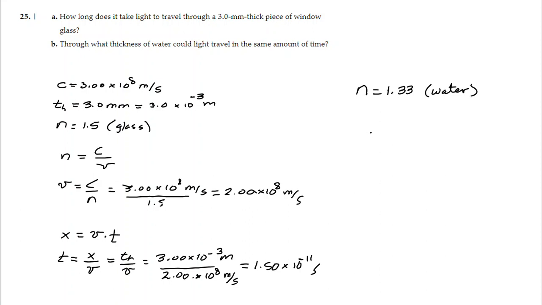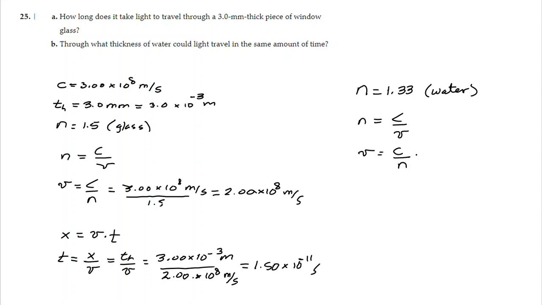So what are we going to do now? The index of refraction is the speed of light in vacuum divided by the speed of light in a given medium. So to find the speed of light in water, we just divide the speed of light in vacuum by the index of refraction of water.